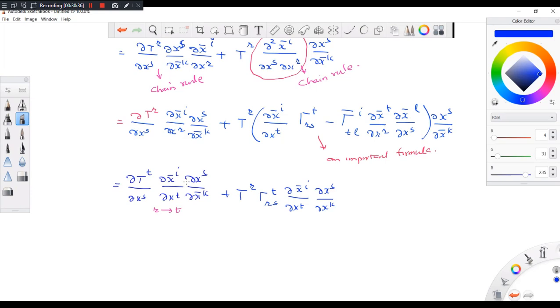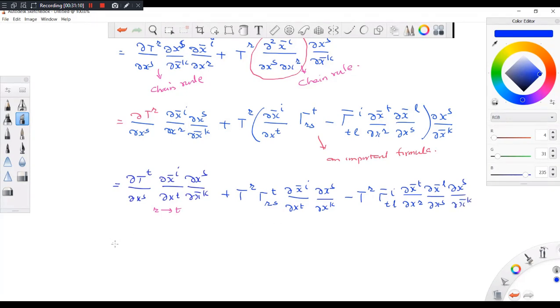So common term. So this minus TR gamma bar I TL del x bar T by del XR del x bar L by del XS del XS by del x bar K.